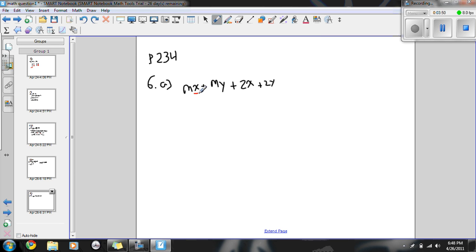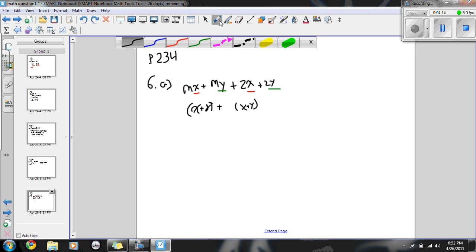Okay. We have x and x, and we have y and y. So now we have the x and y by itself, and we have to put the other variable m here, and we have to put the 2 here. So now you can put this x and this x and this y and y in one bracket.